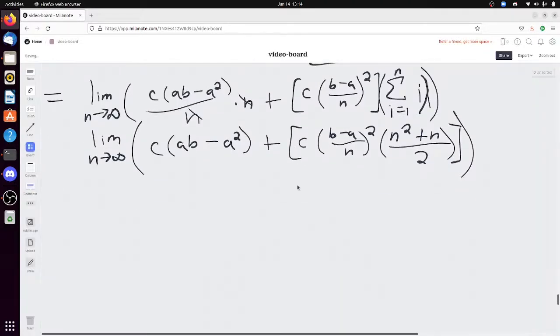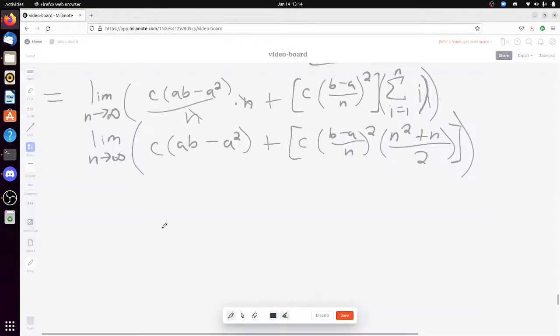So everybody cross their fingers. What should we do here? So obviously we're going to have to FOIL this. So that's sort of the first thing. So I'm going to square this n in the denominator and pull it out. So we'll have c times 1 over n squared, and then this (b minus a) squared is going to be b squared minus 2ab plus a squared.